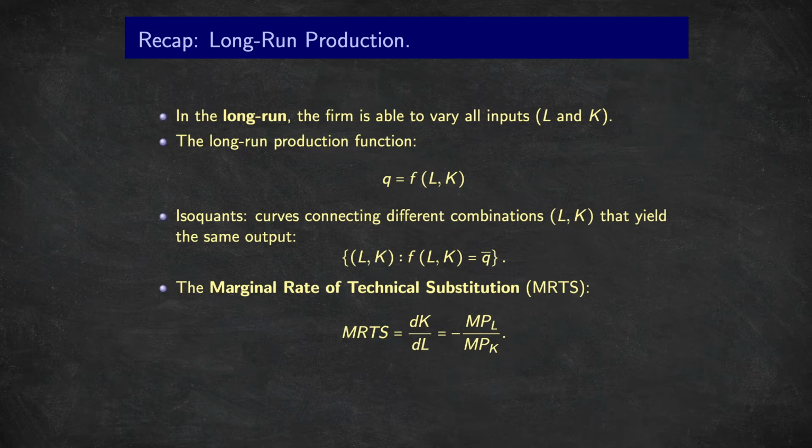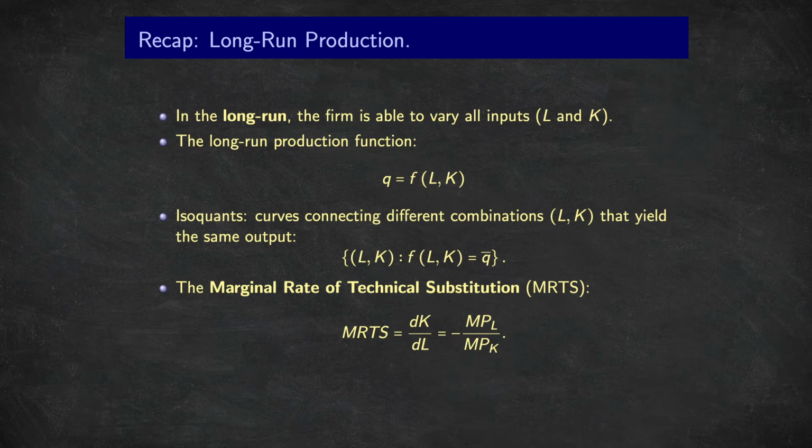An isoquant is a curve connecting all of these different combinations of labour and capital that yield the same level of output. Mathematically, I could write this as a set, using curly braces, of all of the different combinations L and K, these factor combination pairs, that satisfy the rule: when I plug them into the long-run production function, out pops the same level of output.